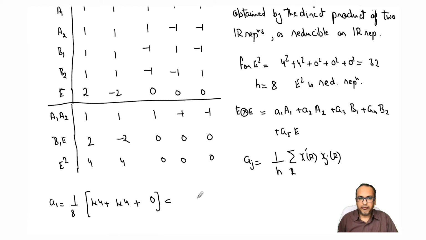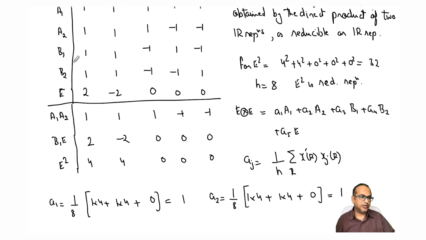So this will be 4 plus 4, 8, so this will be 1. That means there will be an A1 component present. Okay, so let's do it for A2. A2 will be 1 over 8, 1 into 4 plus 1 into 4 plus again 0s. So we will have at least one A2 present.